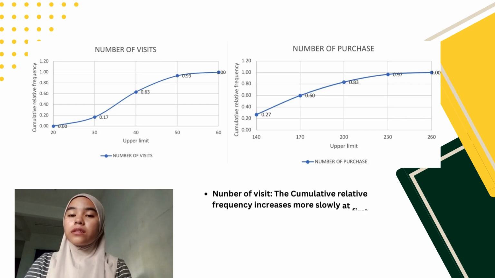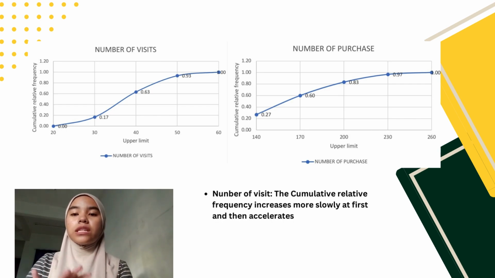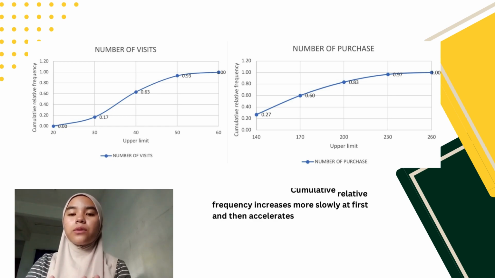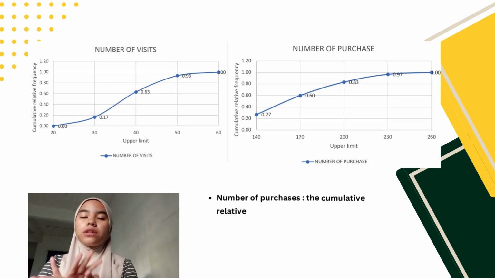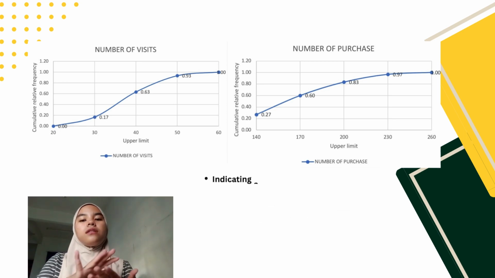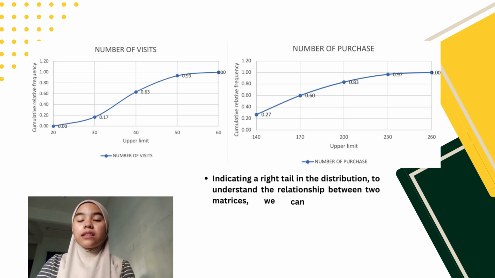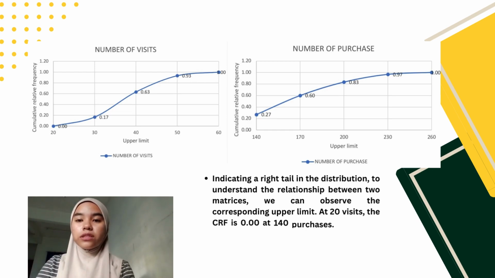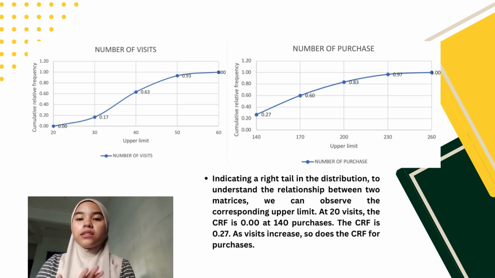The cumulative relative frequency for the number of visits increases more slowly at first and then accelerates, while the cumulative relative frequency for the number of purchases increases more slowly initially and then accelerates, indicating a longer right tail in the distribution. To understand the relationship between the two metrics, we can observe the corresponding upper limit.